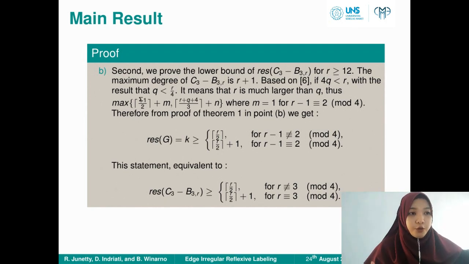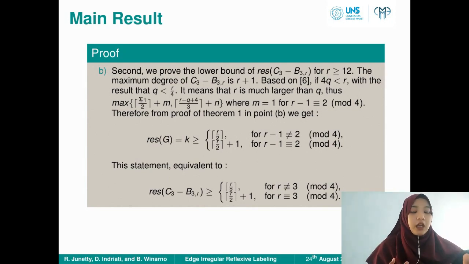Therefore, from the proof of theorem 2 in point B, we get the formula rest G equal k greater than ceiling of r per 2 for r minus 1 not equivalent to 2 in modulo 4, and then ceiling of r per 2 plus 1 for r minus 1 equivalent to 2 in modulo 4.